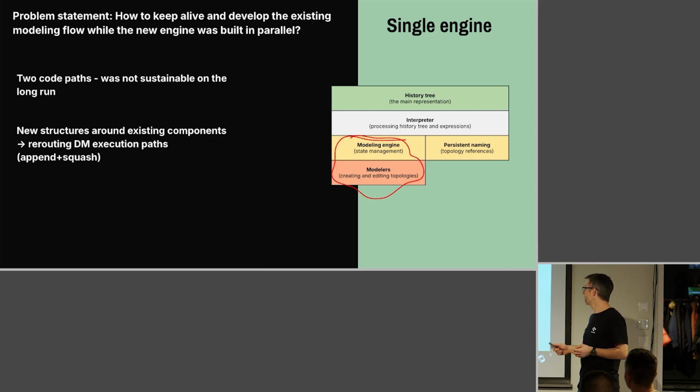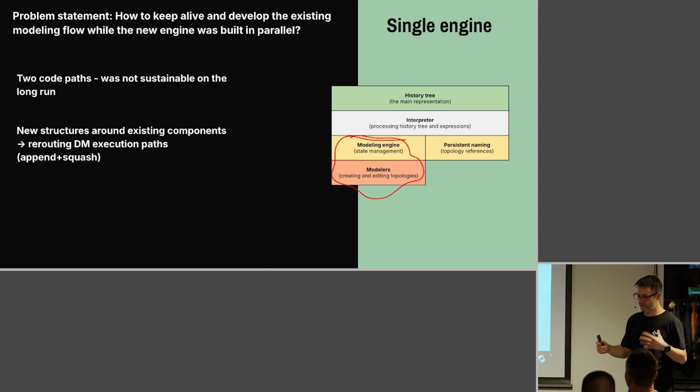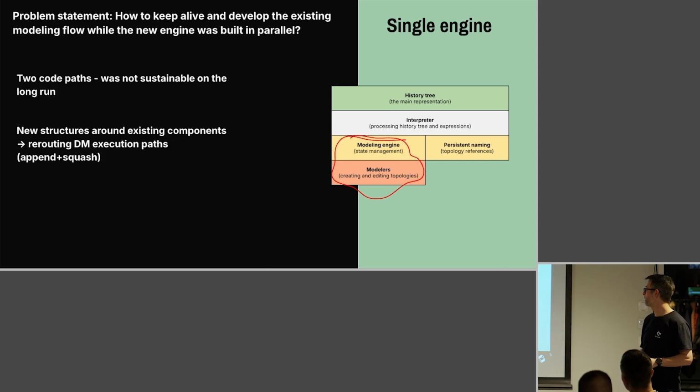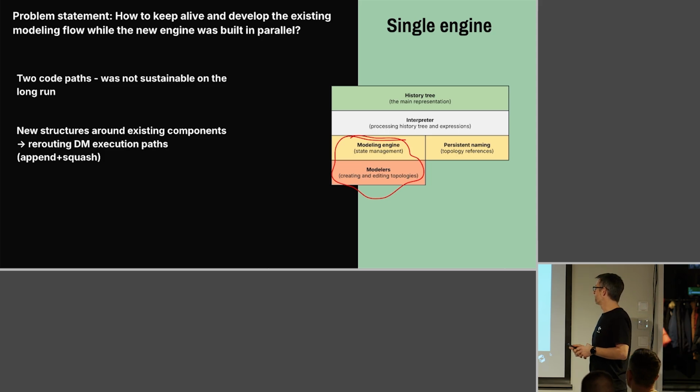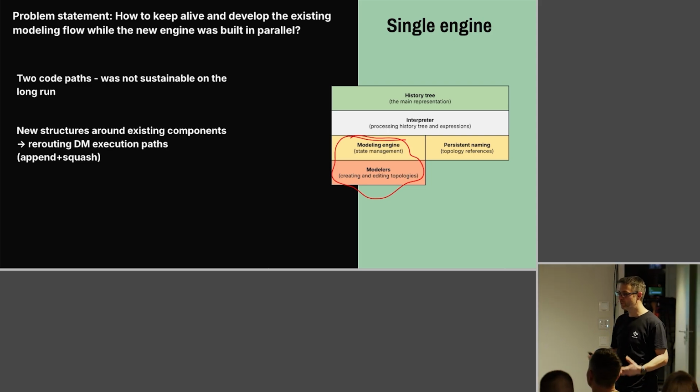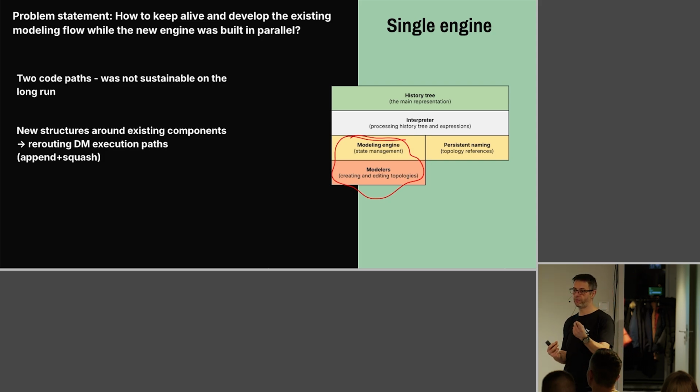So what we did, as I said, is that our whole architecture is really modular, and we built the new components around the existing kernel functionalities. We introduced the interpreter for the history evaluation, the history tree, the naming mechanism. We pushed down many of the modeling functionalities from the tooling closer to the kernel. So we were then able to get building blocks which we could reshuffle, move around and replace.